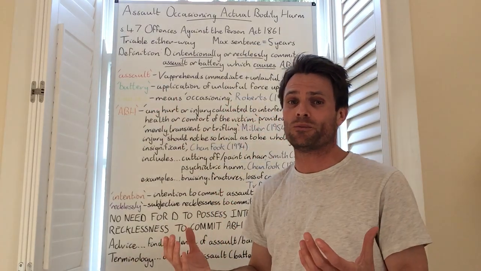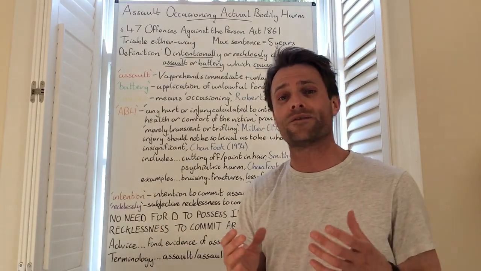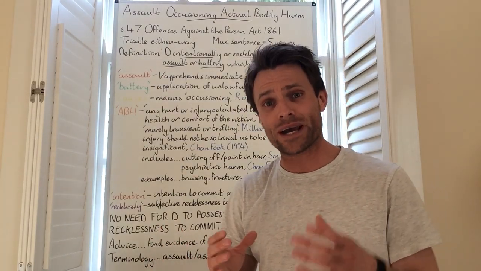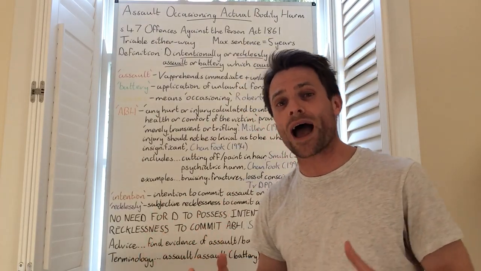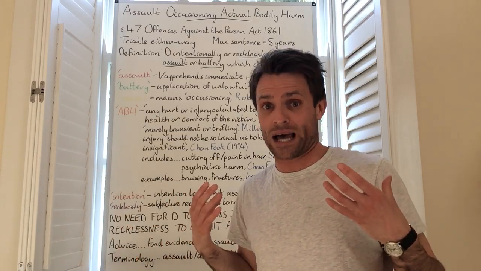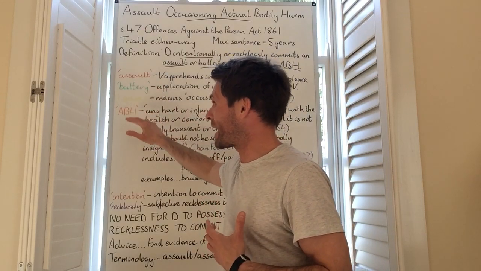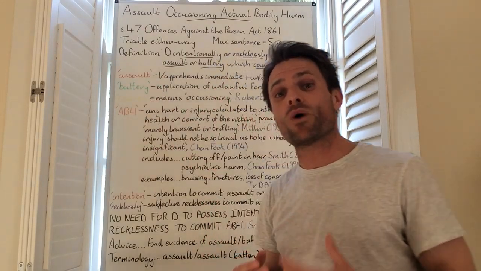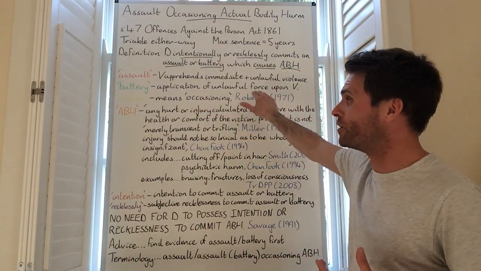So what does an assault mean? Well, you should know this because you've watched the video. An assault is where the victim apprehends the use of immediate and unlawful force against them. In other words, it is where the victim expects or predicts that force will be used against them. So look out for an assault, and equally look out for a battery, where the defendant applies unlawful force upon the victim.